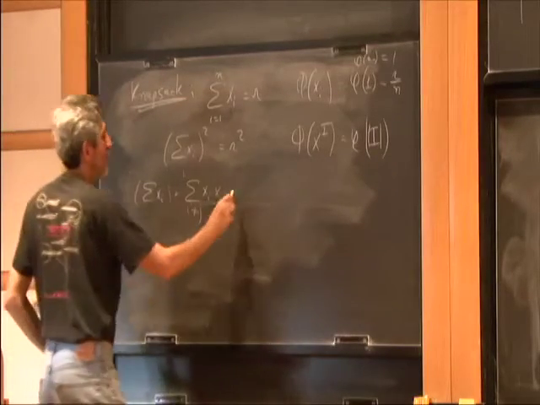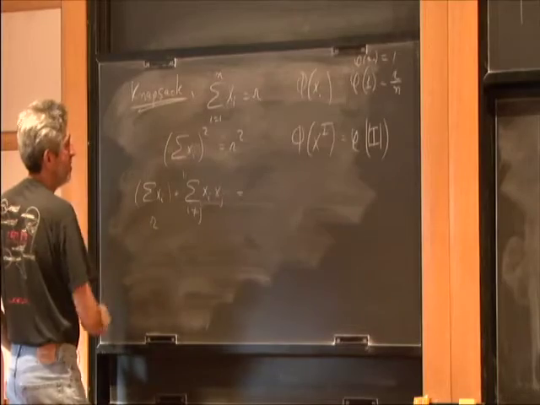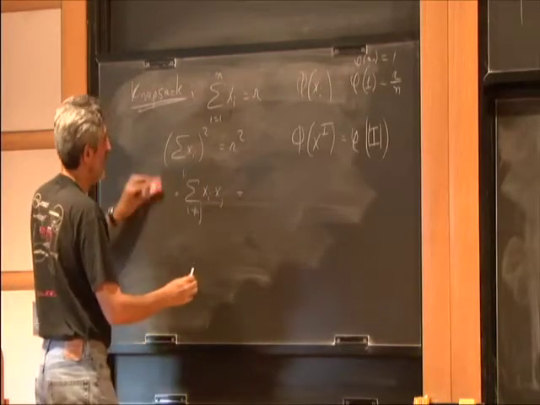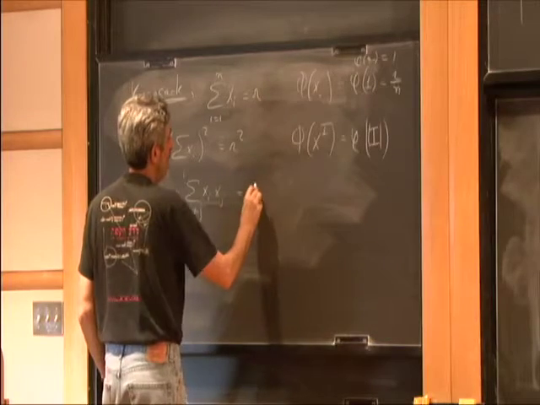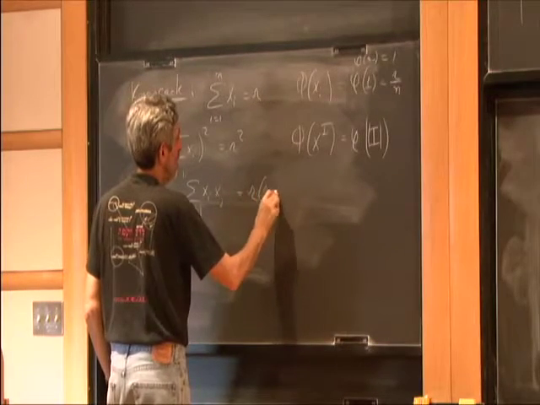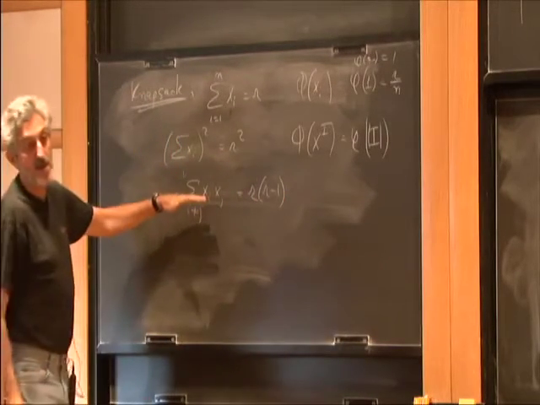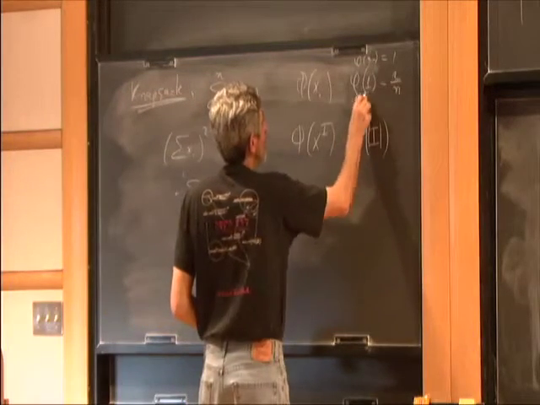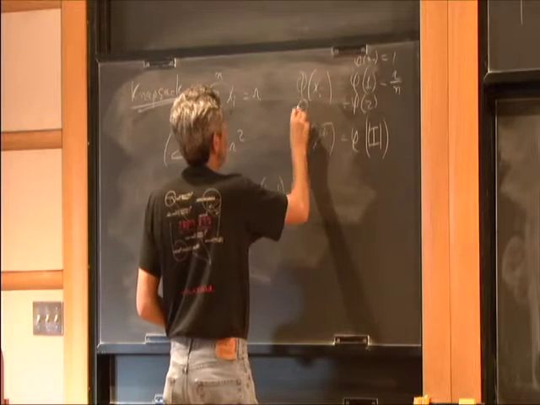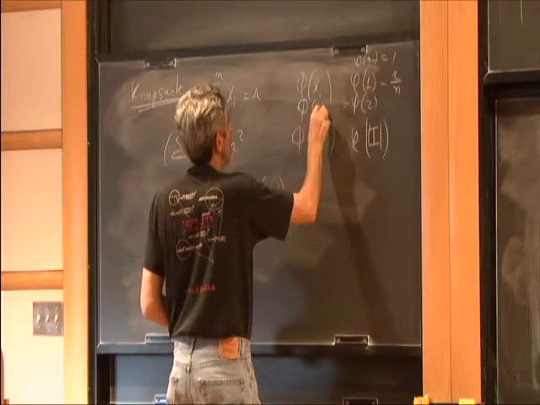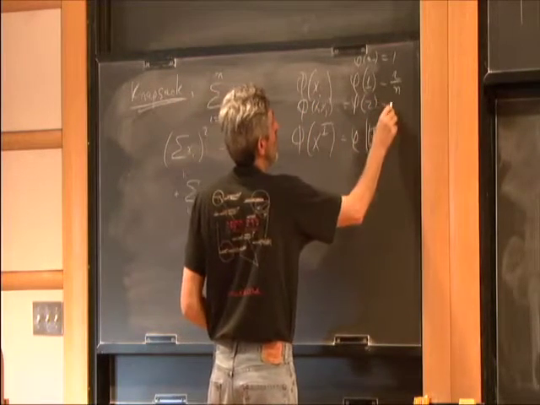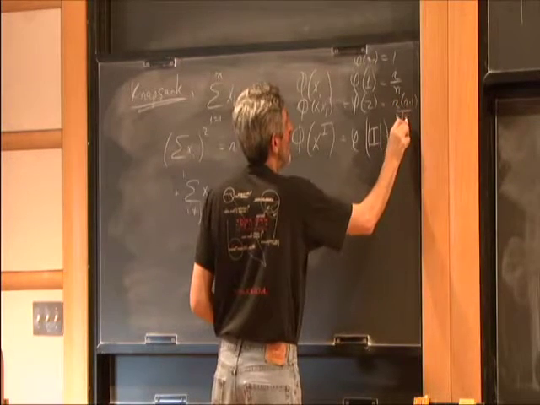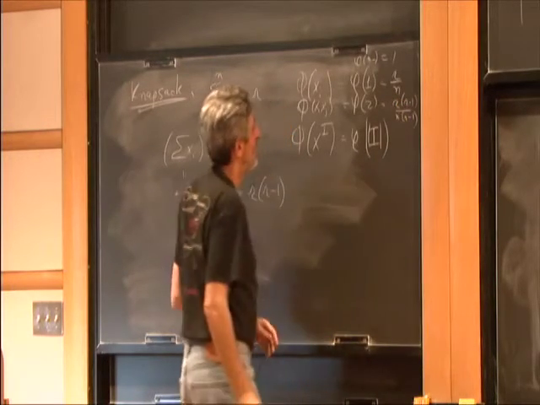But the first is R. So if I move it to the other side, we get R squared minus R, and we have n times n minus 1 terms here. So we get phi of 2, which is phi of xi xj, equal to R times R minus 1 over n times n minus 1.